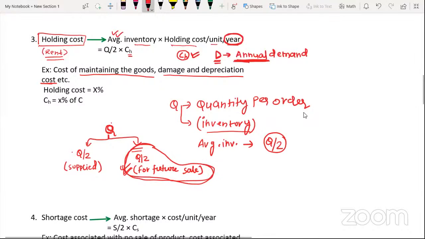So for that maintenance, or for that holding, you will have to pay the amount. Maintenance and damage and depreciation cost will all fall under the category of holding cost.